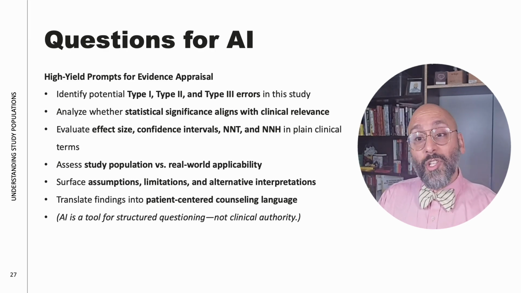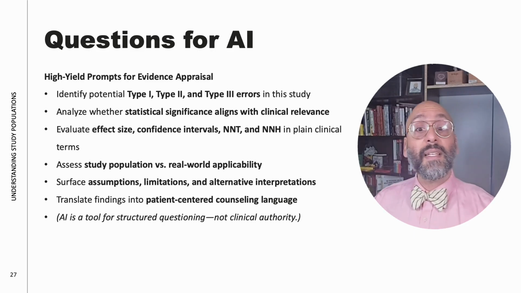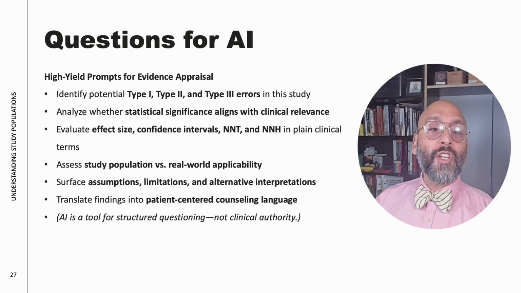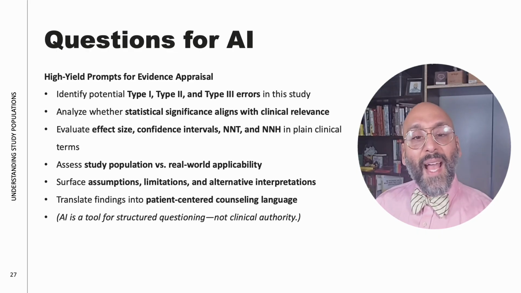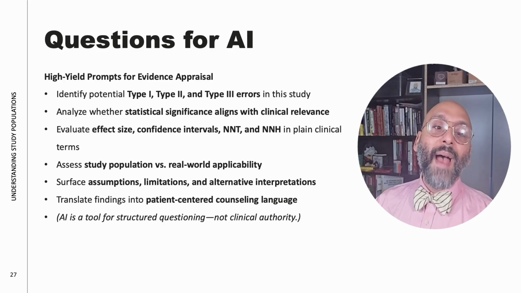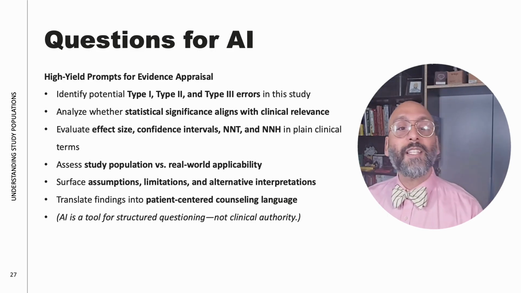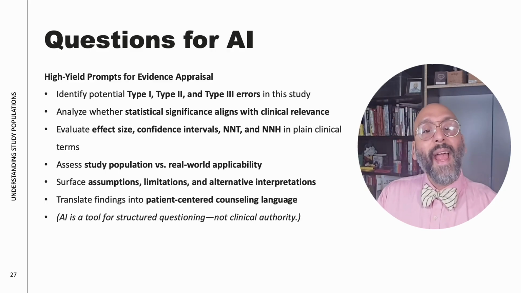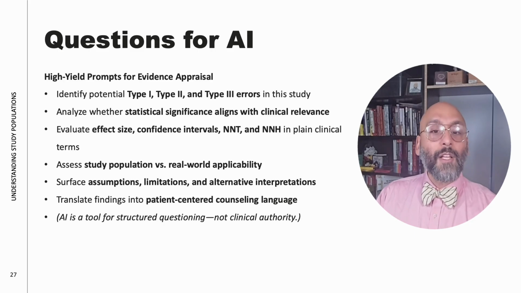This is especially important now because AI summaries often convert statistically significant and under-controlled conditions into recommended. And that jump is exactly where poor prescribing happens. So if you use it well, AI can surface the blind spots and reframe the statistics into clinical language and help you explain uncertainty to patients and accelerate learning.